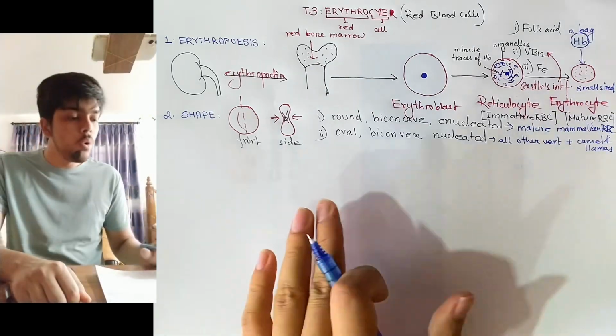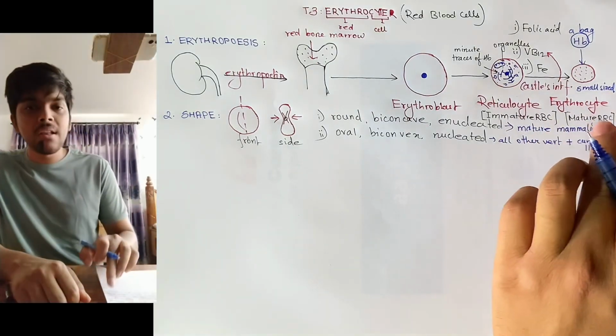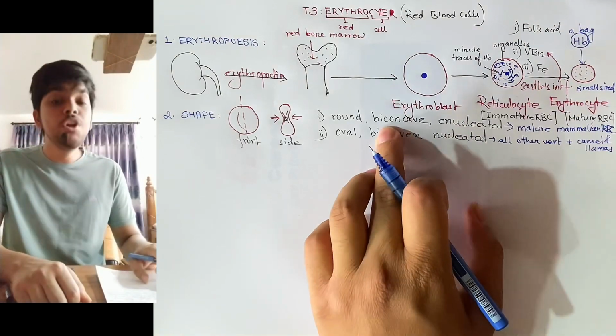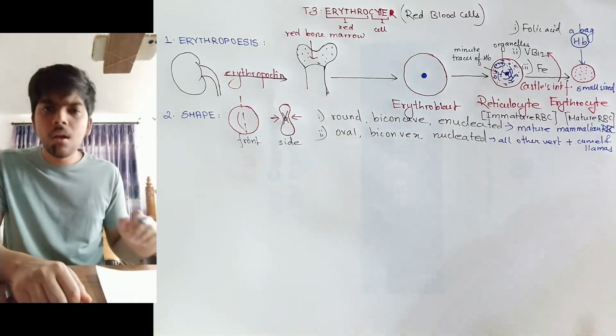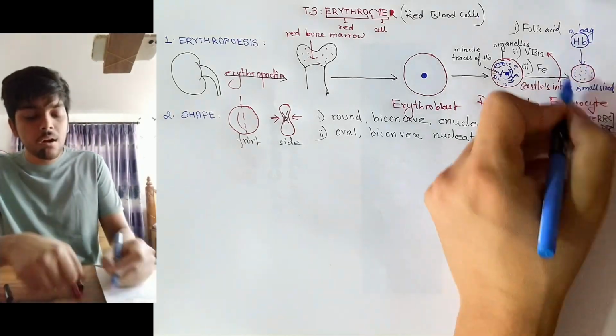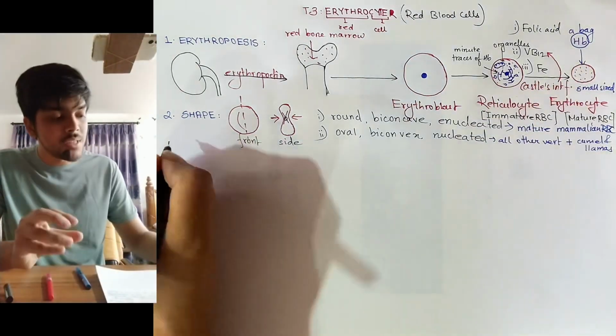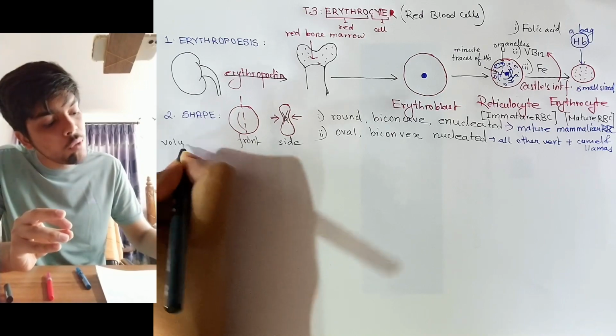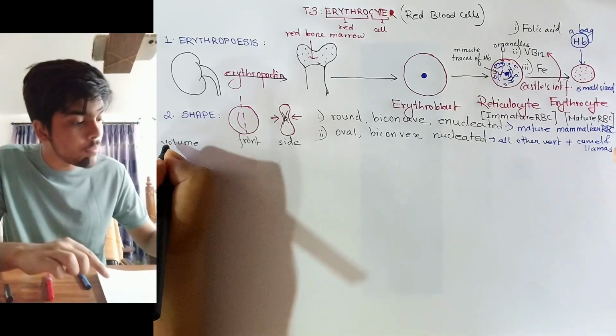Okay, we know that mature mammalian RBC is biconcave due to the absence of nucleus. But what's the advantage behind it? From here, we know that the size of the RBC is small. That is, the volume of the RBC is small as well.